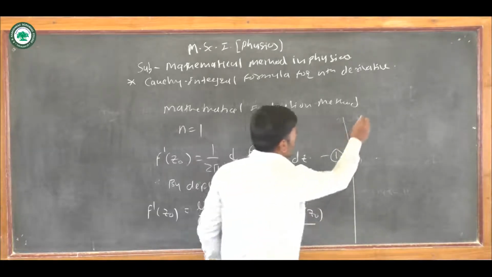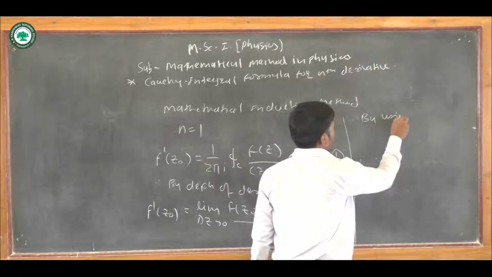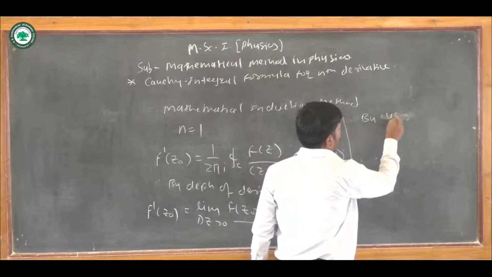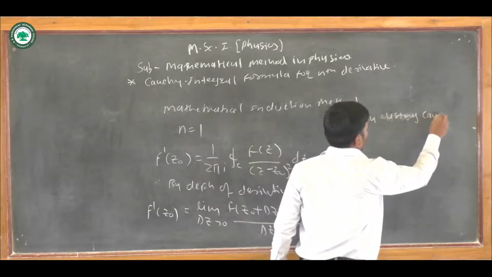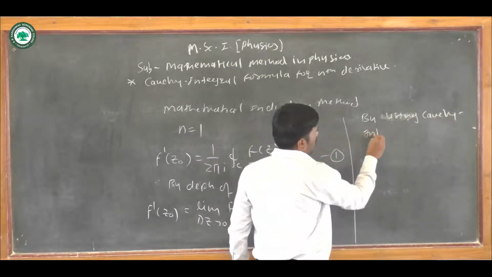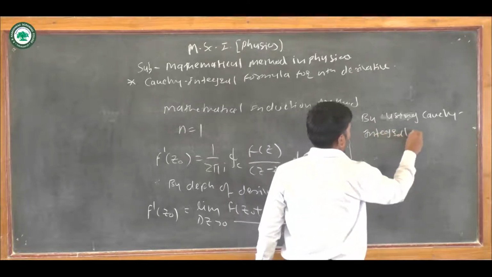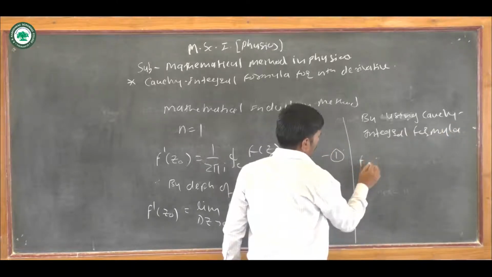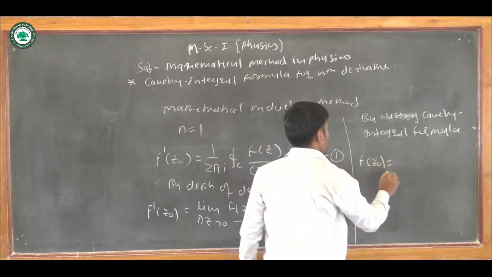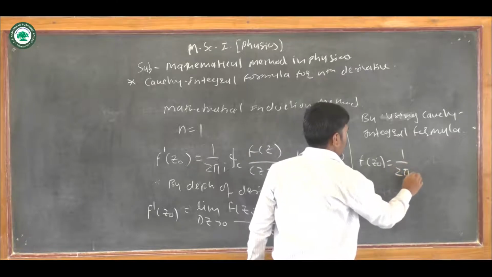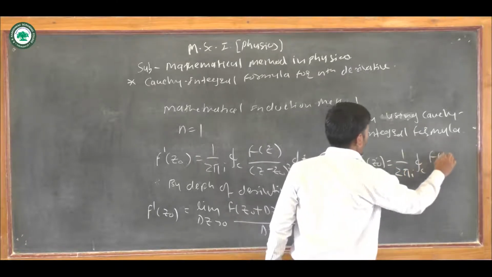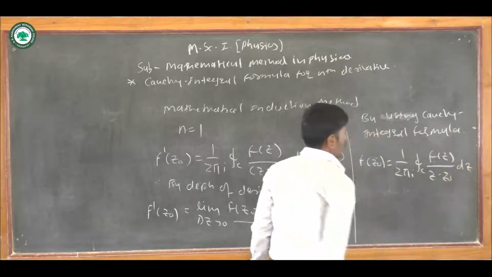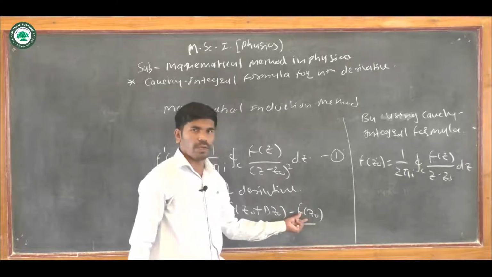So by using the Cauchy integral formula, f(z naught) is equal to 1 by 2 pi i, closed integral over C of f(z) divided by (z minus z naught) dz. This is the expression for f(z naught).